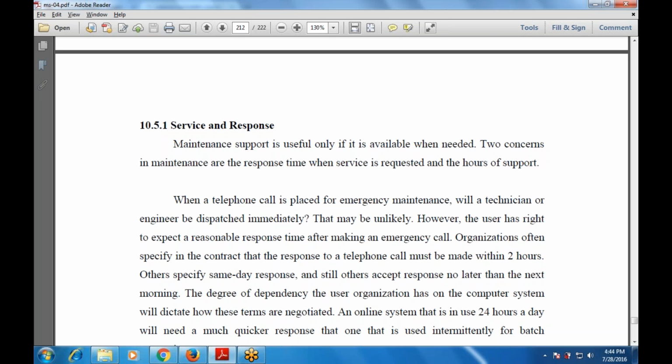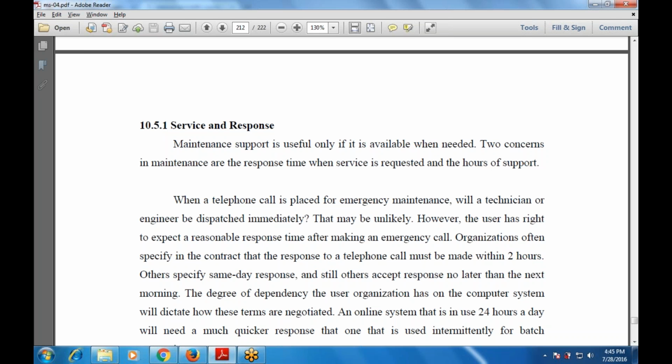And two concerns in maintenance are the response time when the service is requested and the hours of the support. When a telephone call is placed for emergency maintenance, it may be unlikely that the technician or the engineer will be dispatched immediately.